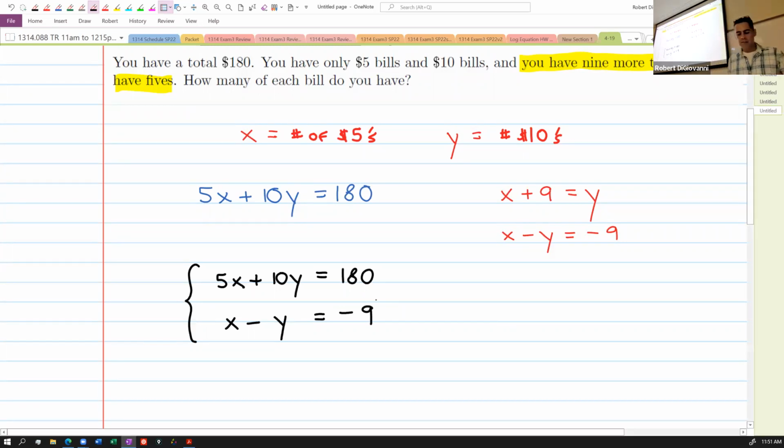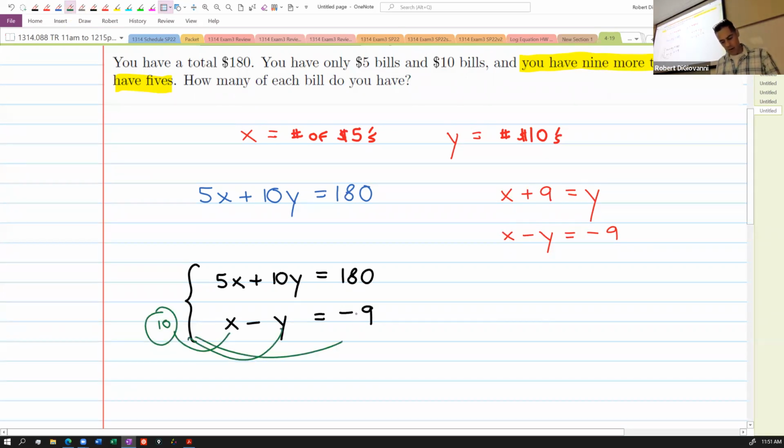Me personally, in solving this system, I like the idea of multiplying the bottom equation by 10, only because this will turn to a -10 and these Y's will cancel. That's not the only thing you could do. You can multiply the bottom equation also by -5 and make the X's go away. But I'm gonna do +10. Why? Because that's what I feel like doing.